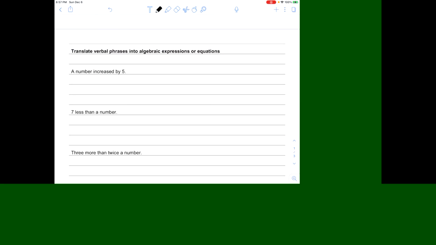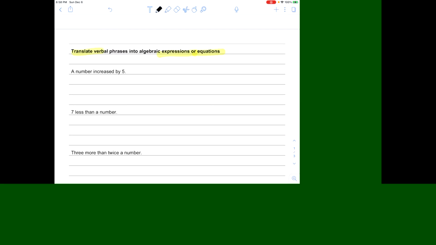So our problems today are about translating verbal expressions, verbal phrases into algebraic expressions or equations. So for example, if we had a number increased by 5, basically what we want to do with this, right now it is a verbal expression. It is words.